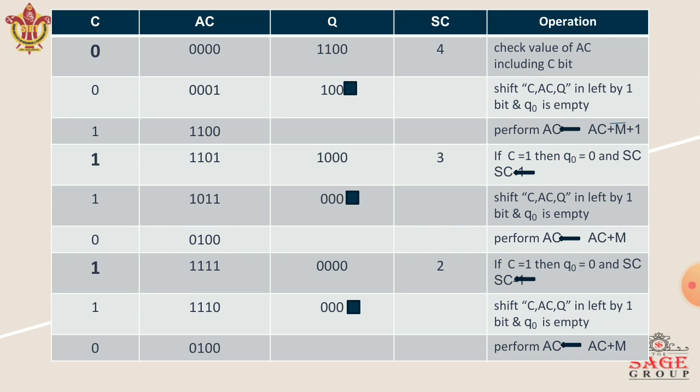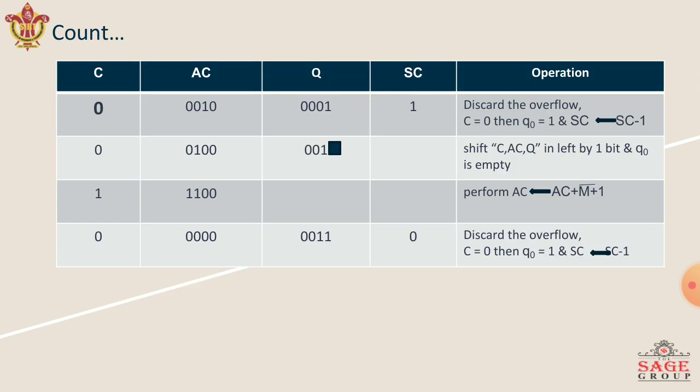We add this value to 11110. After adding we got 00010, and here we also got one extra bit. So we discard this overflow bit, or extra bit, according to our key points.